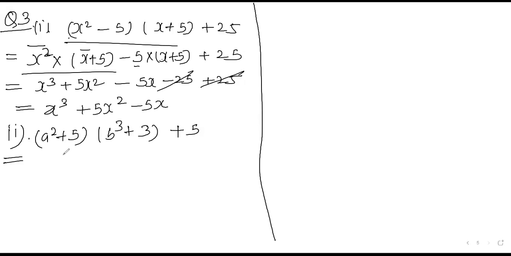Now let us multiply both the polynomials. It gives you a square multiplied with b cube plus 3, and 5 is multiplied with b cube plus 3, and this 5 is extra that will be given in the question.